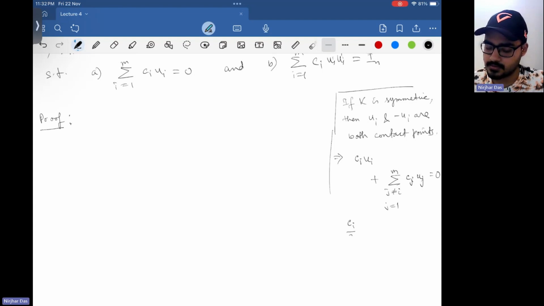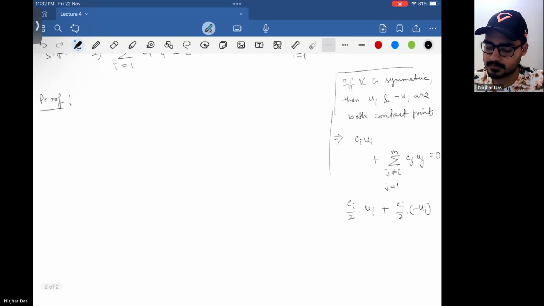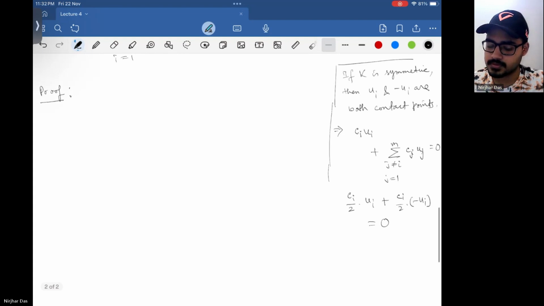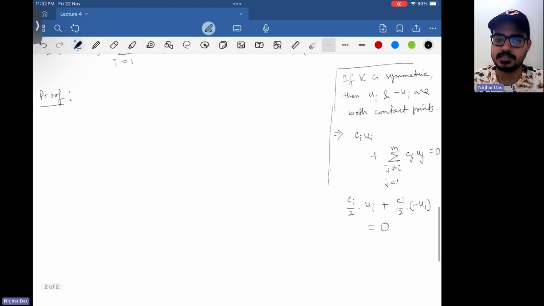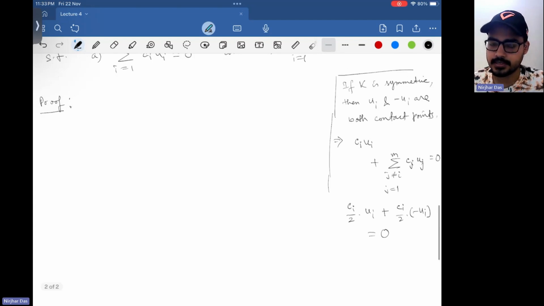So I'll put ci by 2 for ui and ci by 2 for minus ui, right? Then this will ensure that this summation is equal to 0. So therefore, by changing the choice of c, we can essentially end up having one less term in the summation ci ui.